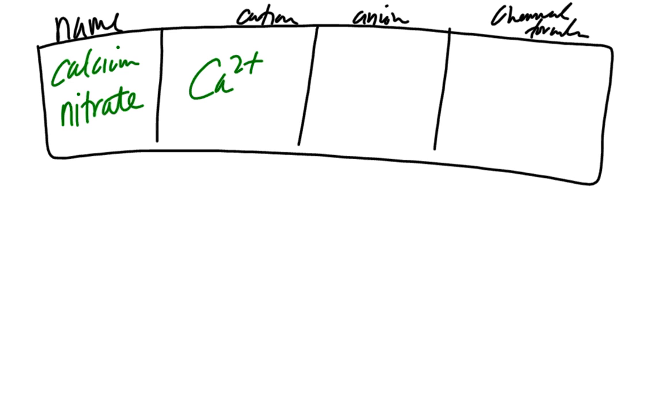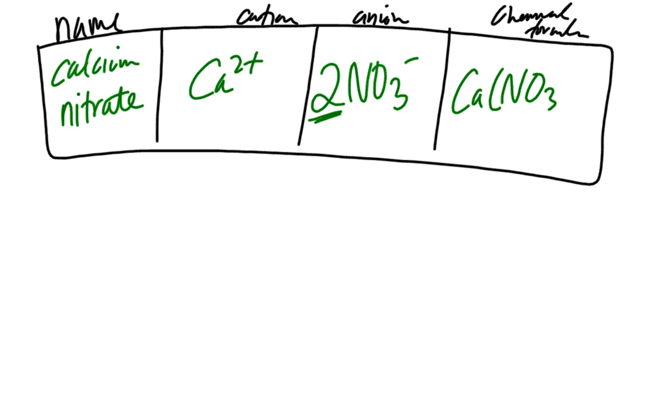But I needed 2 nitrates, so I'm going to include the coefficient. And then I write my formula. You'll have like 25 of these tomorrow. They should be able to get done by the end of the period.